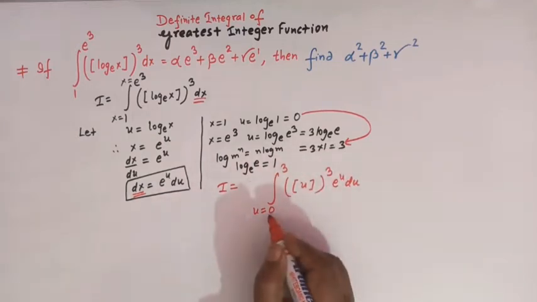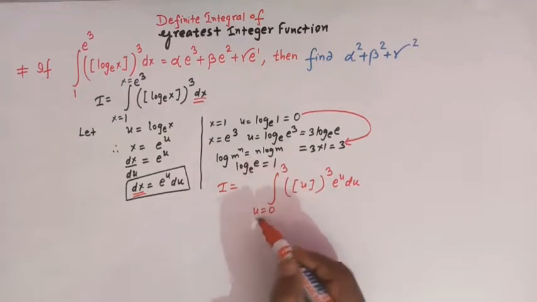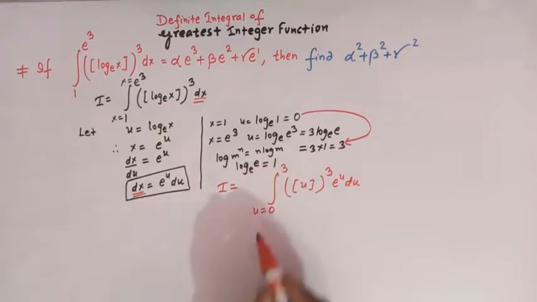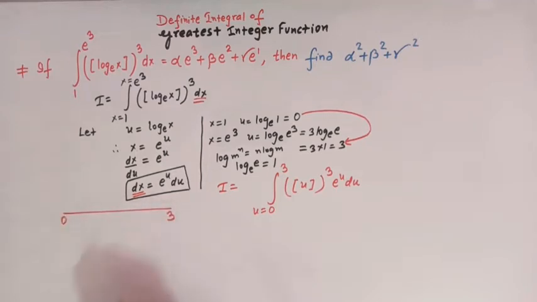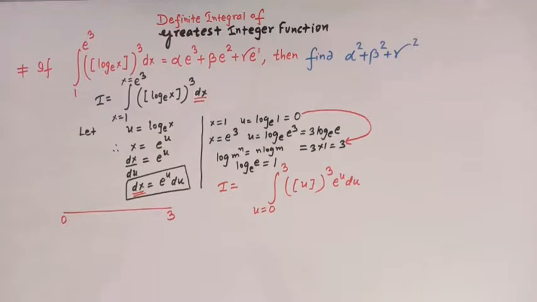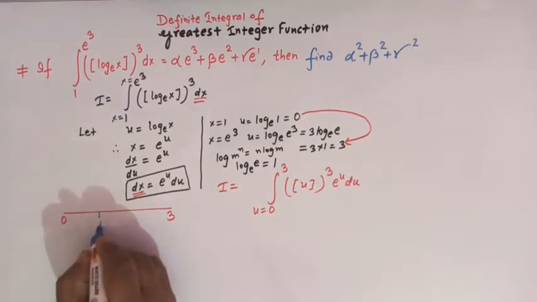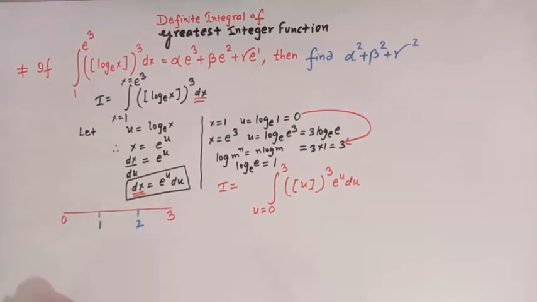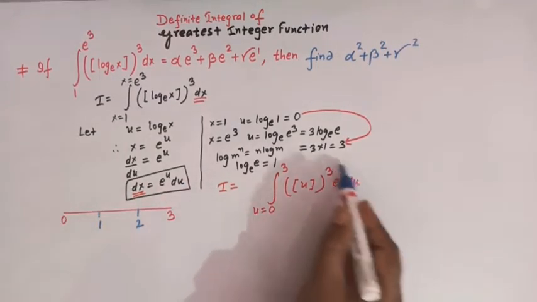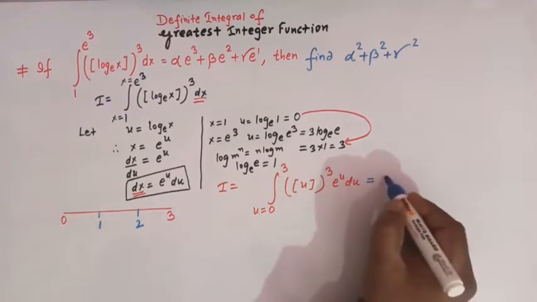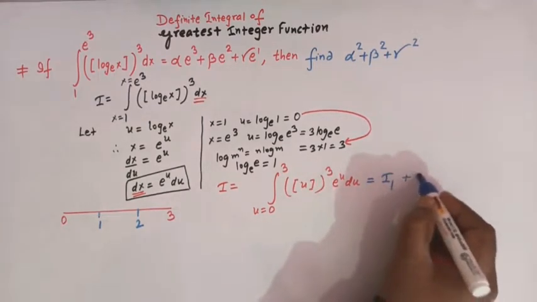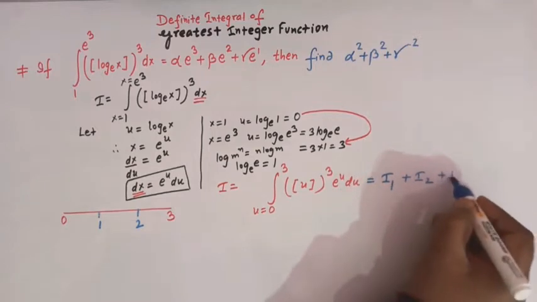Here we see that the value of u varies from 0 to 3, and in between 0 and 3 we have two integers, that is 1 and 2. So now we can split this integral as a sum of three integrals, that is I1, I2 and I3.